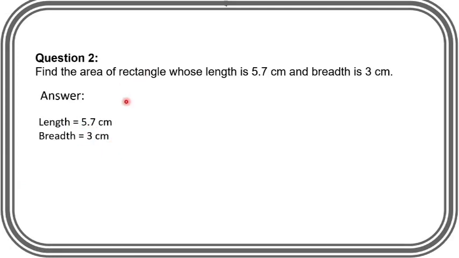The area of a rectangle is equal to length multiplied by breadth. So multiply 5.7 with 3. I already told you how to do multiplication. We will get here 17.1 square centimeters. If you have any doubt in this part, how you get 17.1, comment on the comment box. I will explain this again.